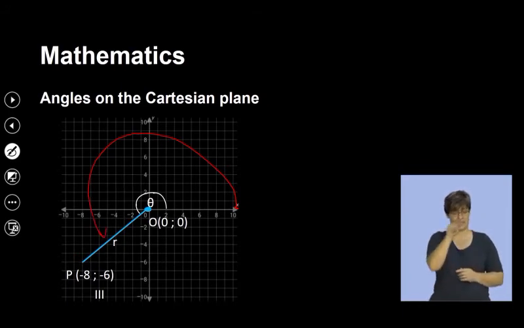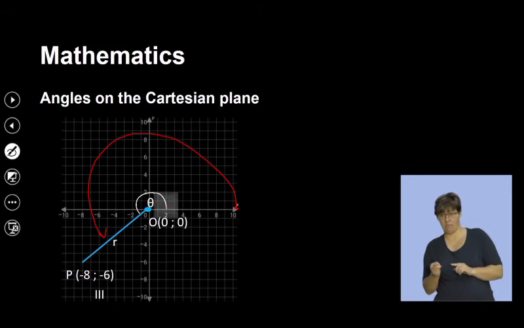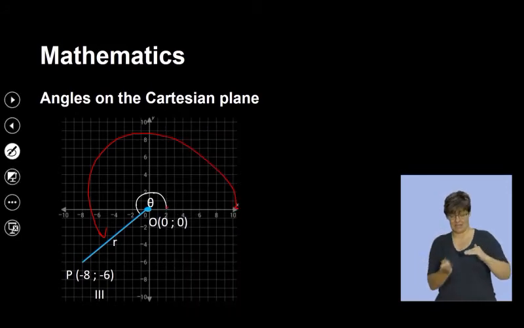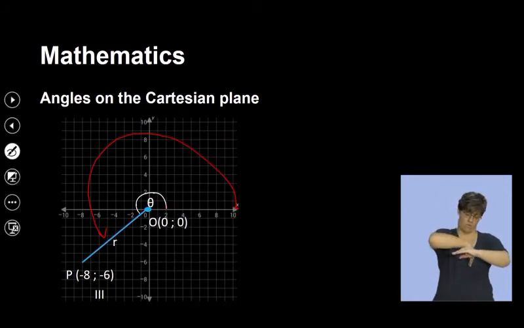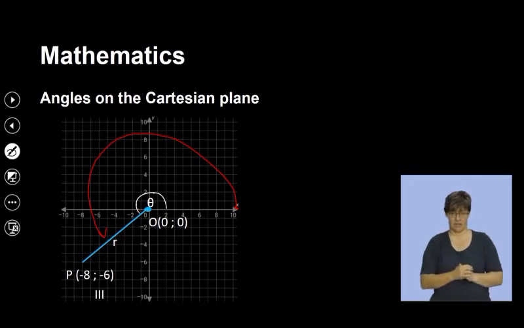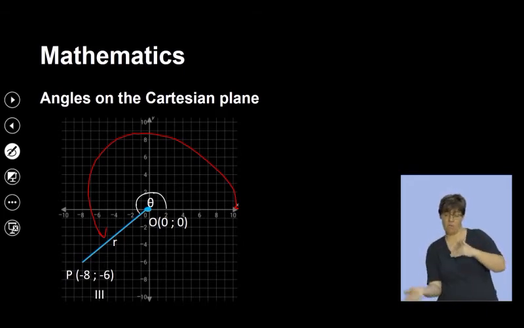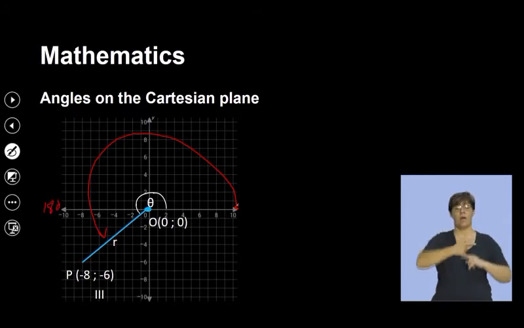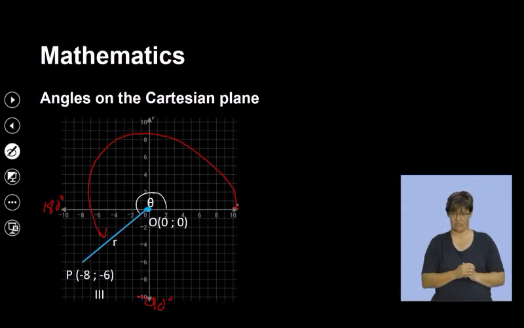So the angle theta will be from this horizontal axis going to the line R, and that will be the angle that is greater than 180, which is normally here, but less than 270 degrees. I know that we normally call this a reflex angle.